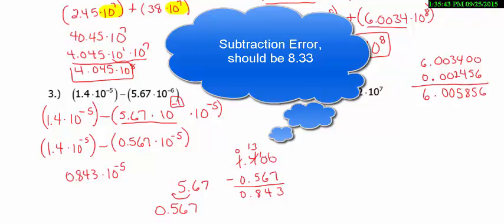So unfortunately we're not done because the coefficient is not between 1 and 10. If the coefficient is too small, we need to make it a number between 1 and 10. In order to do that, we need to move the decimal place 1 to the right. That would give us 8.43. And since we moved the decimal place to the right 1, we are actually counting tenths, hundredths, thousandths, and so on.